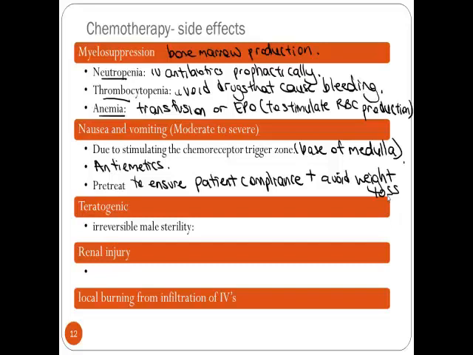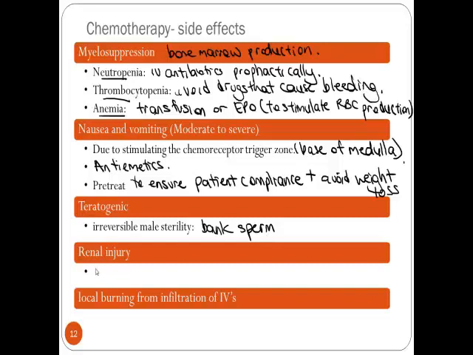Chemotherapy can also be teratogenic, so it can cause birth defects and whatnot. And it can also cause irreversible male sterility. So, a possibility would be to bank sperm prior to the start of the cancer chemotherapy. The next one is renal injury. Because the cytotoxic drugs are hard on the kidneys, because they can actually cause cell death in the kidneys themselves.